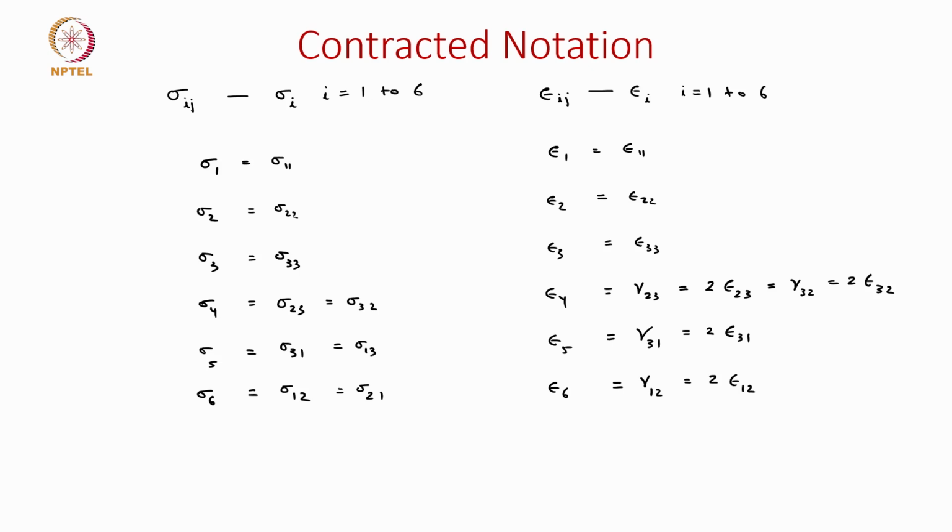So what we are saying is that in the contracted notation we are still talking about the stress and strain. The only difference is we are moving from 2 subscripts for stress and strain to a single subscript.